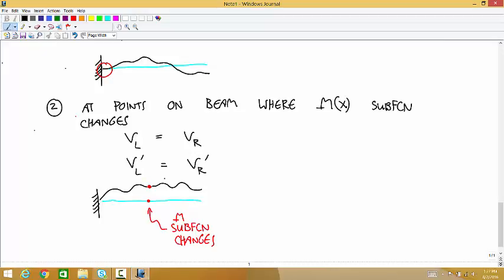You can't have like a jagged peak. And you can't have differences in height, or else the beam is broken in two. So you can think of this as the two sides agree on the height and the slope.